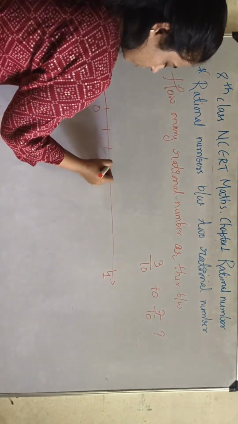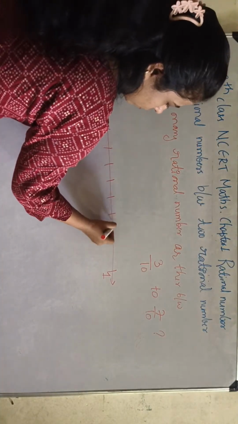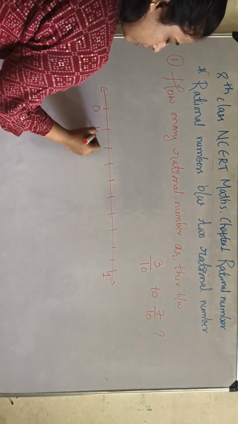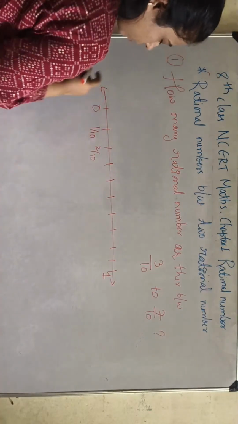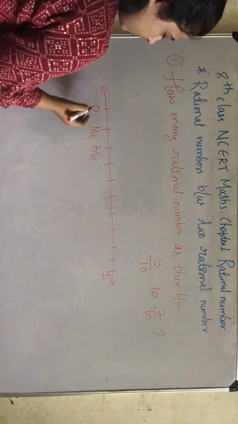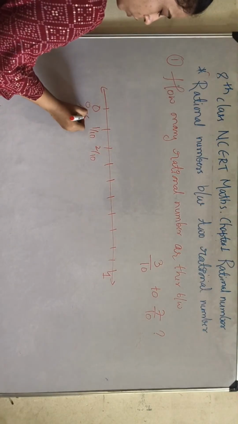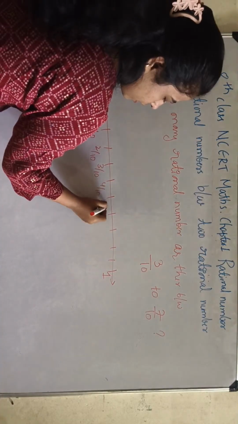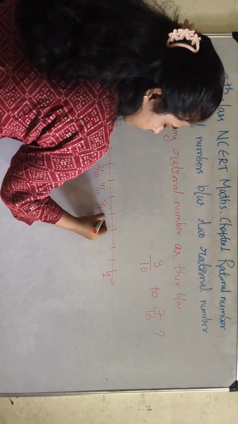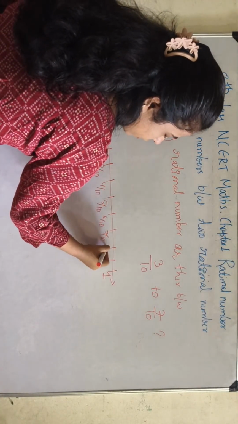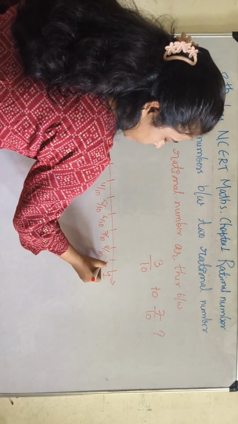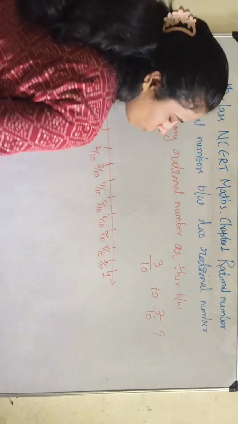Okay, this is 1 by 10, 2 by 10. See, this is 0 by 10, and 0 by 10 is equal to 0. And 3 by 10, 4 by 10, 5 by 10, 6 by 10, 7 by 10, 8 by 10, 9 by 10, and 10 by 10 is equal to 1.